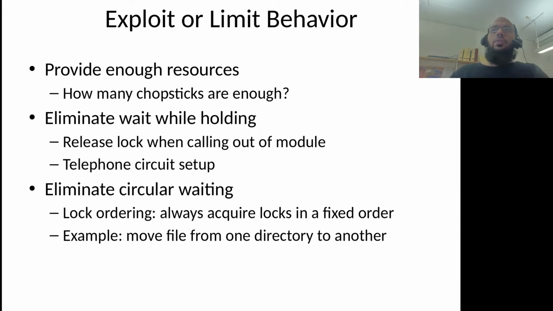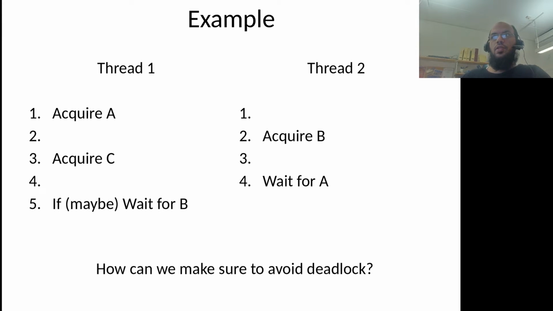And you can eliminate circular waiting by always acquiring locks in a fixed order, so you cannot acquire lock 1 unless you have lock 0, for example. This is implemented, for example, when you move one file from one directory to another. You have the same lock ordering mechanism, so that you do not end up with inconsistencies.